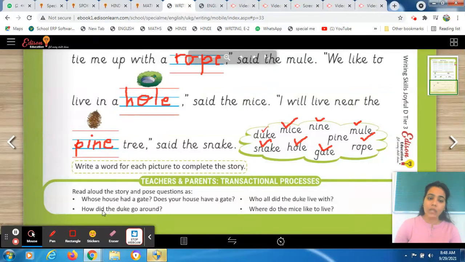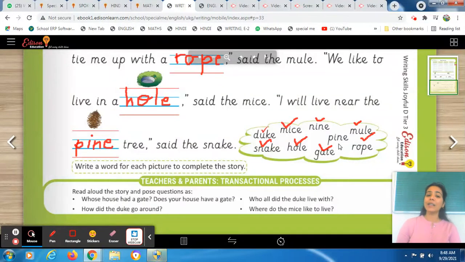The next question is, how did the Duke go around? Maybe by walking, maybe he has a vehicle. So this is as per the observation. Now the next question is, where do the mice like to live? So mice like to live in a hole.